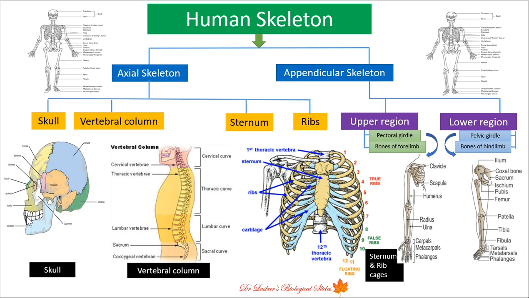The facial region is made up of 14 skeletal elements which form the front part of the skull. A single U-shaped bone called the hyoid is present at the base of the buccal cavity, and it is also included in the skull.